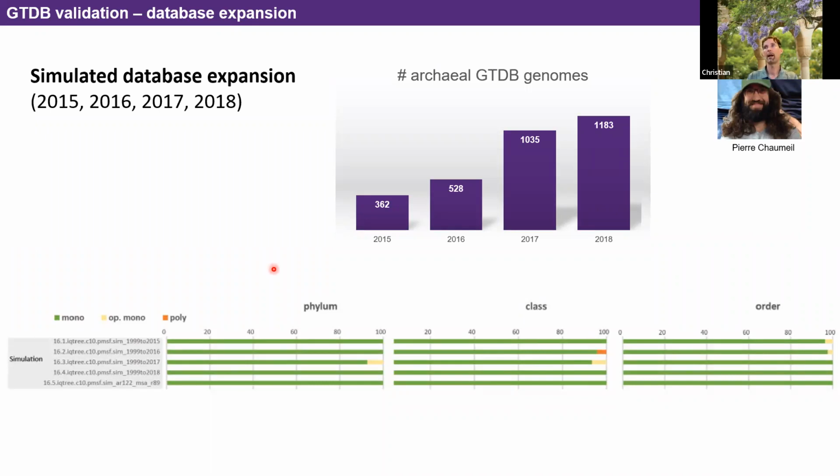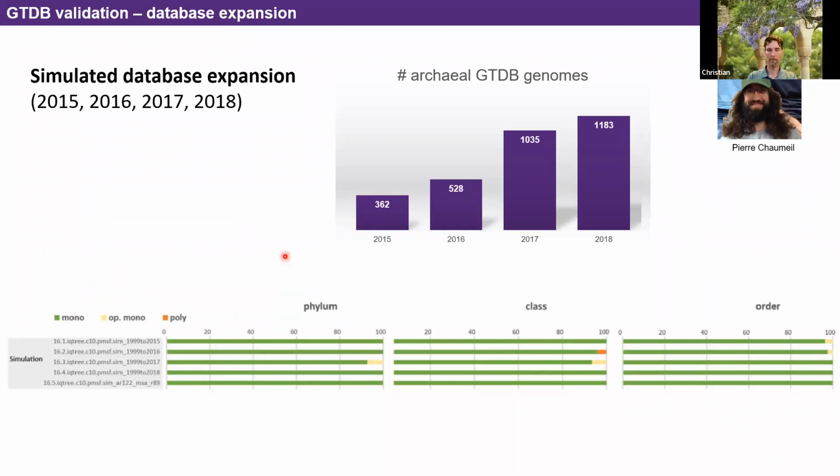So from our side, I think that's a very reassuring result, and it also means if the genome numbers keep increasing the way they are, and they might as well, then GTDB is well set up to actually deal with those, and we won't see any changes in taxonomy that are caused by an increased number of genomes.